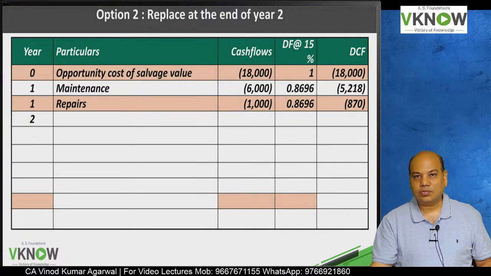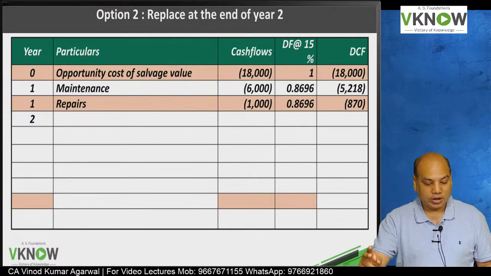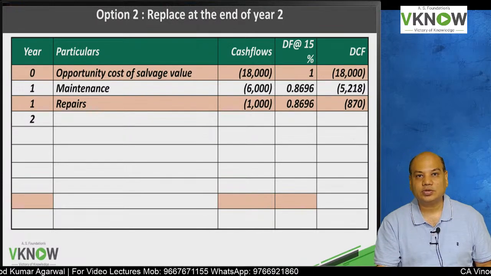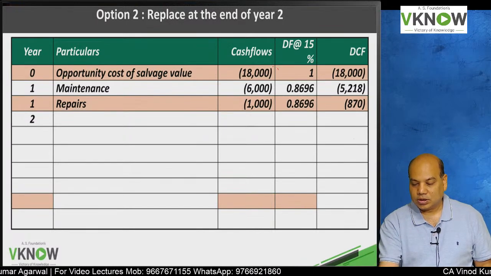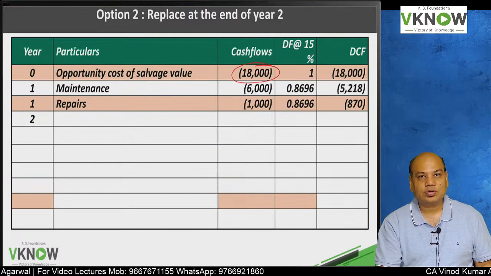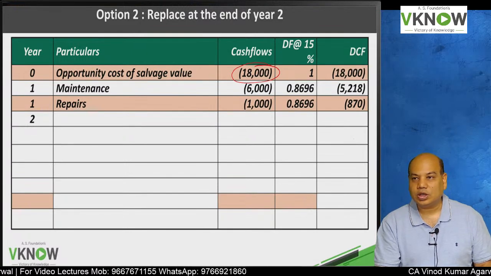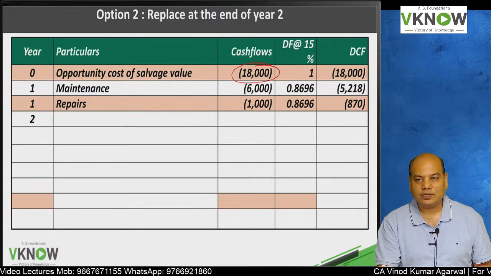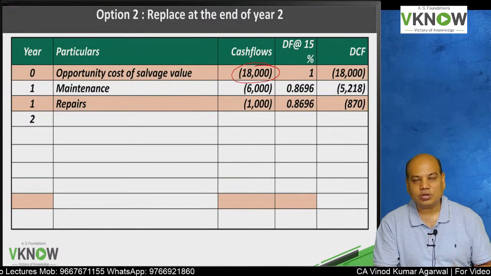Then one student will ask, can we take the opportunity cost 12,000 rupees in year 1? Again the answer is no. You have already taken opportunity cost here once. You can't take opportunity cost every year. Suppose the life is 10 years, will you take opportunity cost every year?